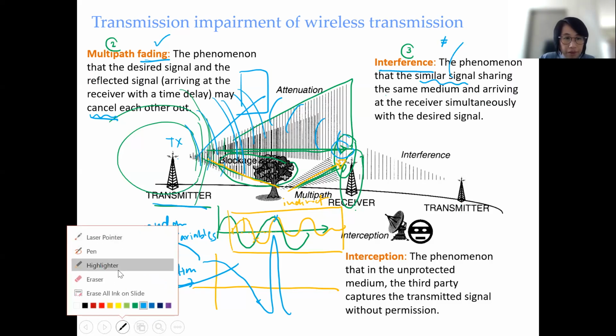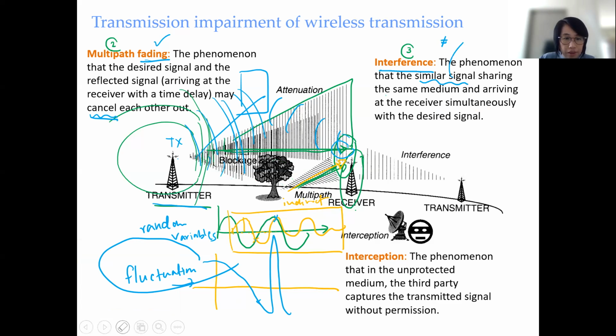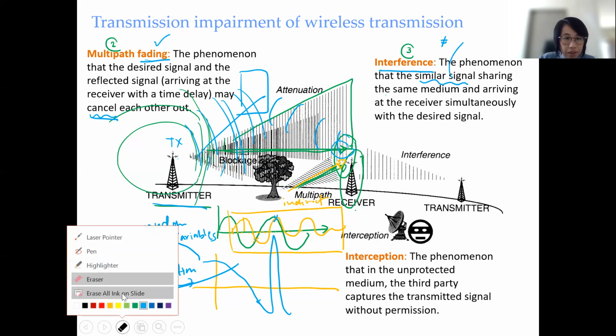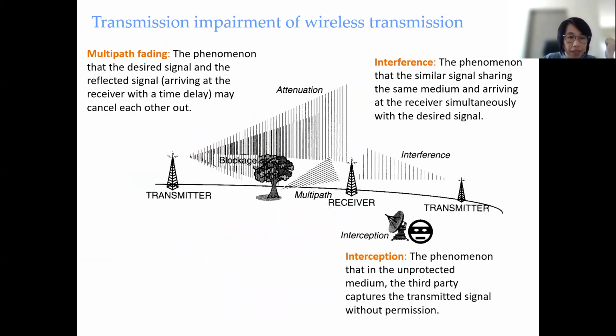I better erase this one, I think. Okay, for interference, in this case, the receiver is only one, and the receiver receives multiple signals from different transmitters. Okay, so the receiver here, of course, receives the signal from this wave, right?